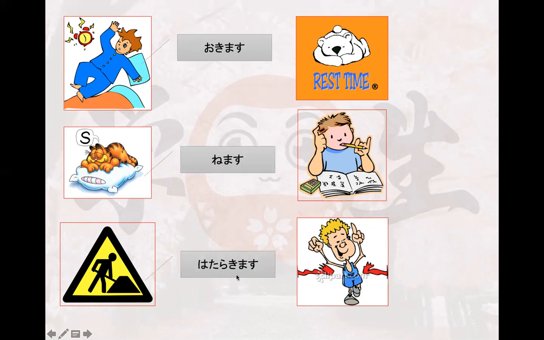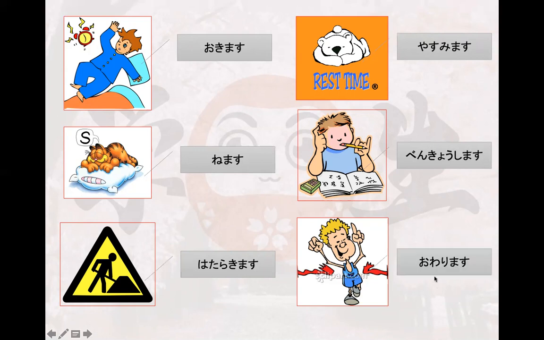Hatarakimasu. And this one is to rest. Yasumimasu. This one is study. Benkyou shimasu. And this one, kaya siya naputol, is ibig sabihin, finish na. So, to finish is owarimasu.